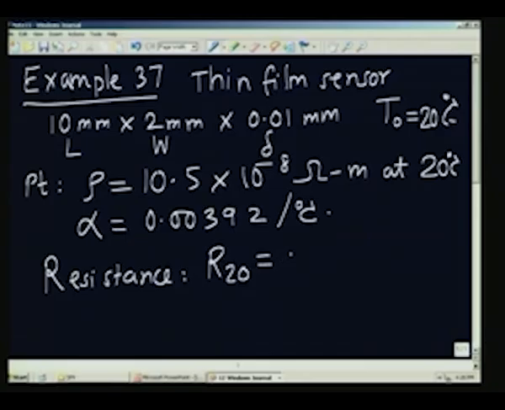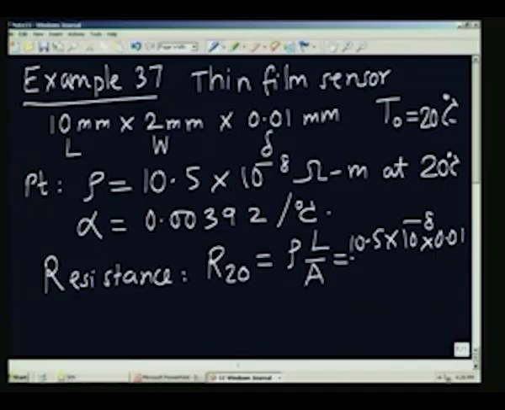R20 is rho L by A. Rho is your 10.5 into 10 to the power of minus 8, L is 10 millimeters, so that will be 0.01 meter, divided by the area of cross section, which will be 2 millimeters, 0.002, multiplied by 0.01 millimeters, so 10 to the power of minus 5. This works out to about 0.53 ohm.